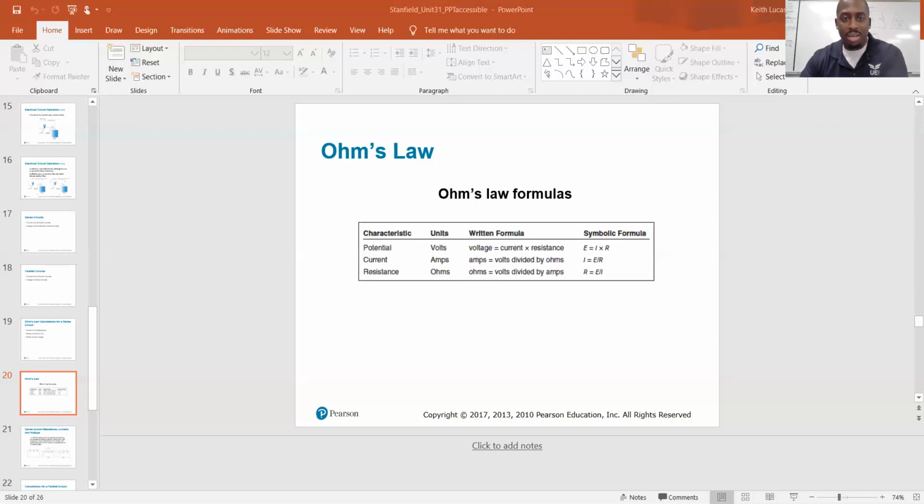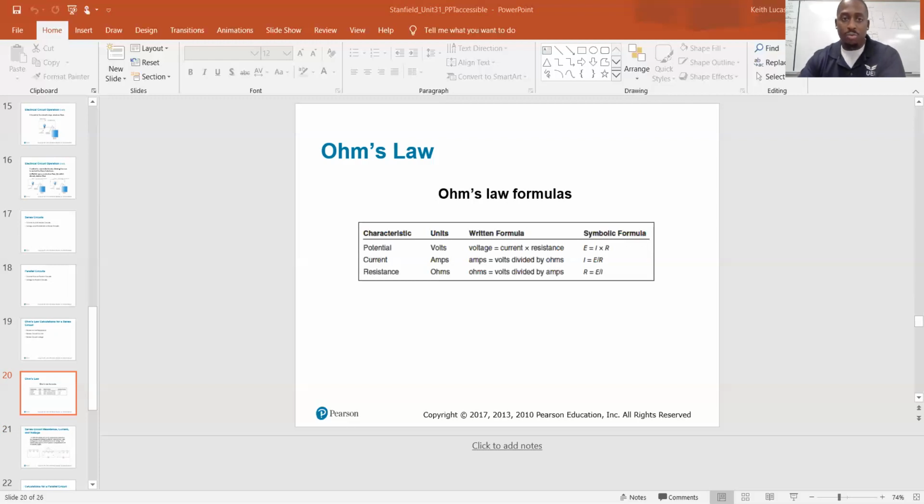We have a V over an R. We know in mathematics, a number above another one, with that line right there, means to divide. We have a V above the line for our voltage, and our R below the line for our resistance. So that leaves us with V over R, or V divided by R. That tells us that current equals voltage divided by resistance.